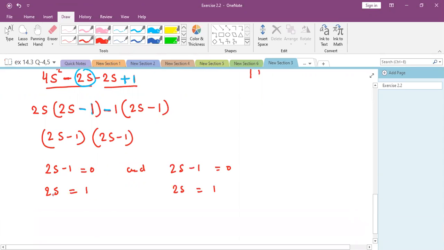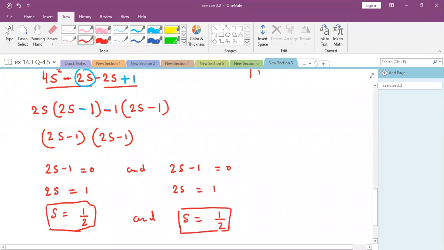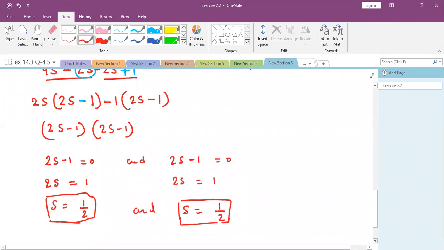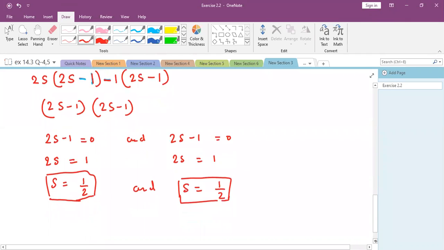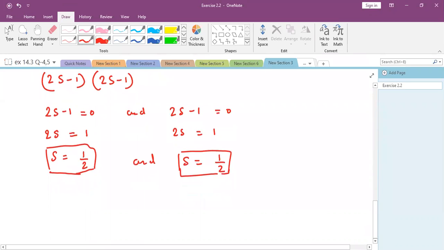Now 2 will go to the denominator because we need to calculate s over here and 2 is in multiplication with s, so that will go in the division form. So it will be 1 by 2. So the value of s is 1 by 2. Similarly here also the value of s will be 1 by 2. So we got both the zeros. We have got both the values of s as 1 by 2.